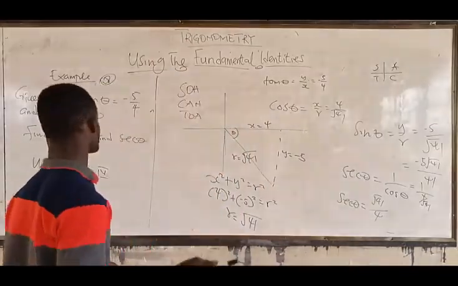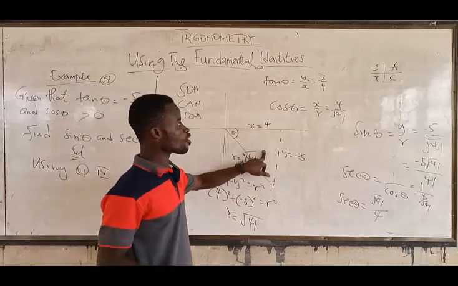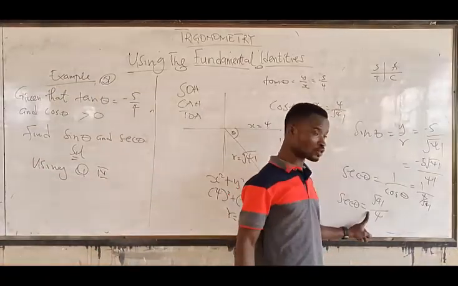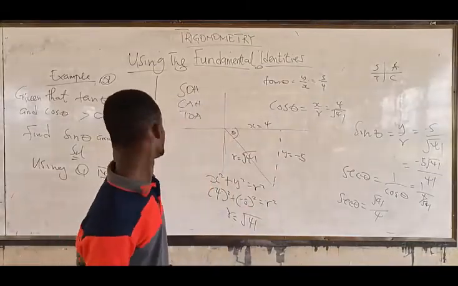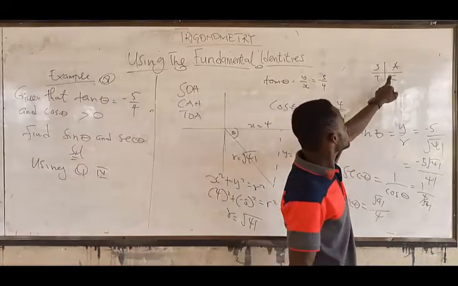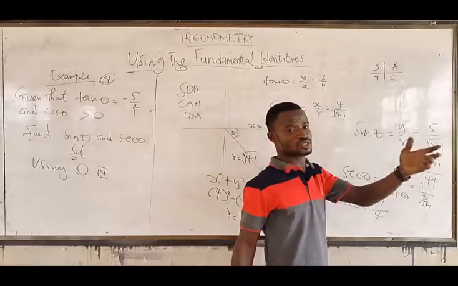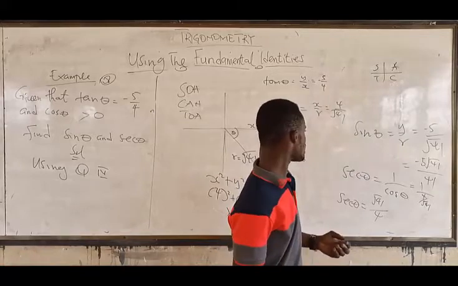And we know that for the fourth quadrant, cos and its reciprocal are positive, so sec is a positive result. And what again? Sine. Because we are working in the fourth quadrant, you have to always reference that. For the fourth quadrant, sine is negative.